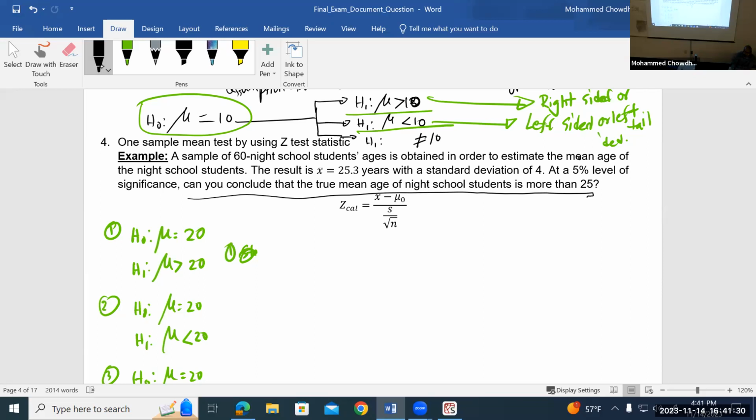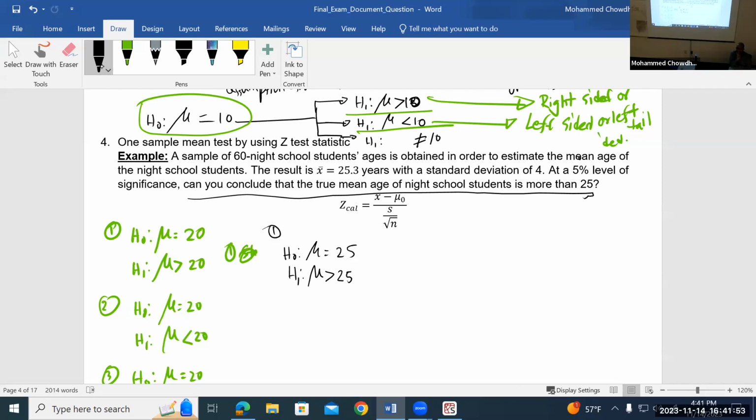Please look at the board. So then alternative hypothesis, mu greater than 25, and null hypothesis, mu equal to 25. So this is step 1.